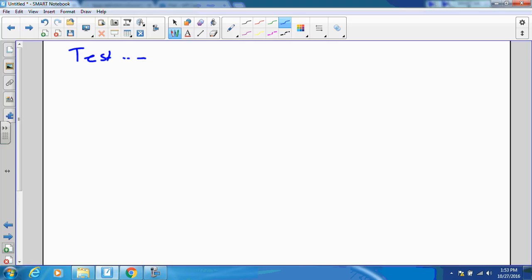Relative rates, yeah, good point. That's right. So we can work either backwards or forwards. If we work forwards, it looks like this. First of all, you need to know your two limit definitions. Let's have those.